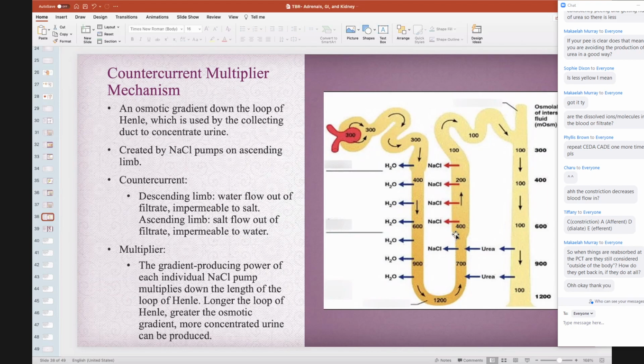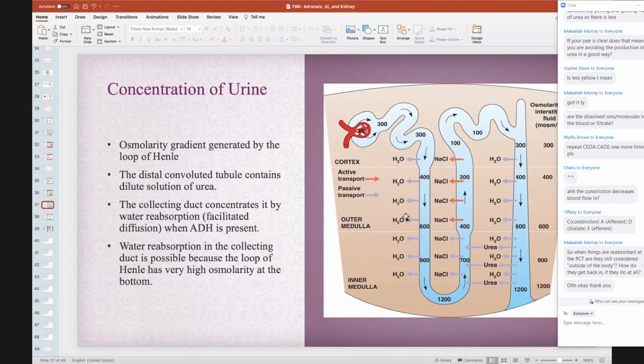The more sodium chloride channels you can put out, the more sodium chloride you can shove into the interstitial spaces, creating a very salty environment in this area. And so the inner medulla, the interstitial space, is going to start to balance out with the bottom of the loop of Henle, balancing out in osmolarity.